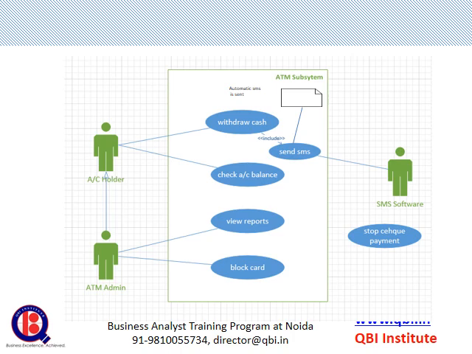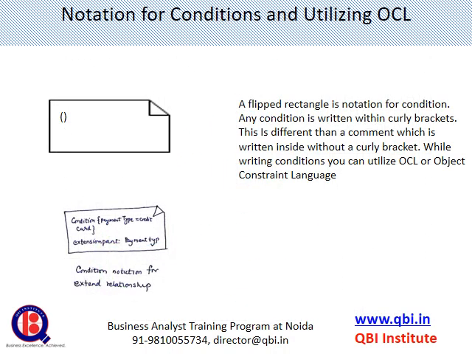So the comment notation is explained here. Whenever an account holder withdraws cash, an automatic SMS is sent, which is shown through the include relationship. This can also be shown right onto the diagram through the comment notation as is seen here. Notation for conditions and utilizing object constraint language in a use case model.